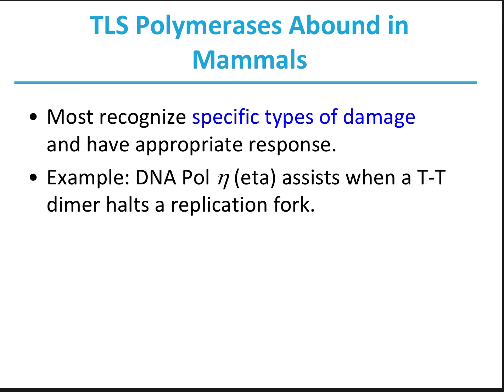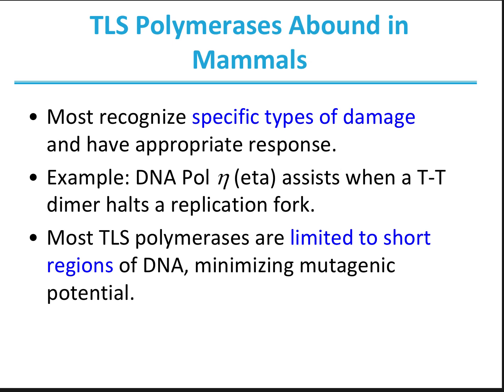The thymine dimers cause a pause or a halt at the replication fork. And most TLS polymerases in eukaryotes are limited to very short regions of DNA, and this helps to minimize their mutagenic potential. So we are not going to have time to go into recombination.